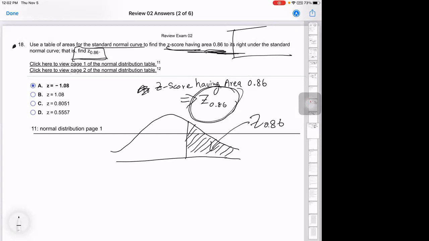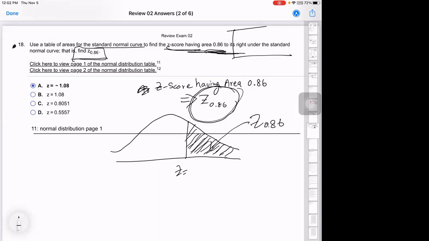If you use this notation, or they have mentioned here the C score having area 0.86 to its right, it means this area is 0.86. So you have to find this C value.